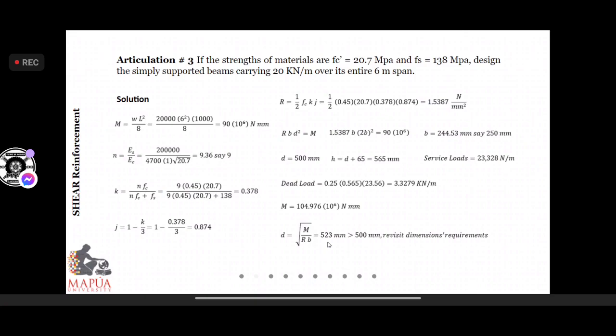It happened here, the result is 523 millimeters, which is obviously greater than 500 millimeters. We are going to revisit the dimension requirements. Meaning, we are going to input another magnitude for our algorithm in Excel so that we can have a value that will be less than the effective depth in consideration.